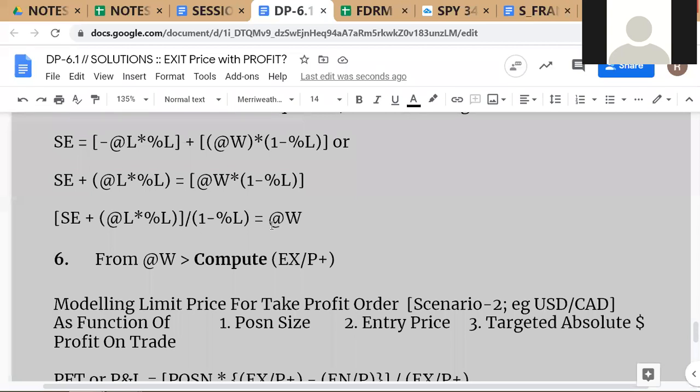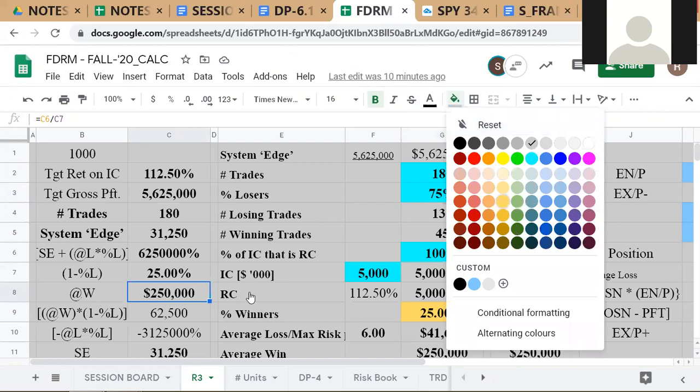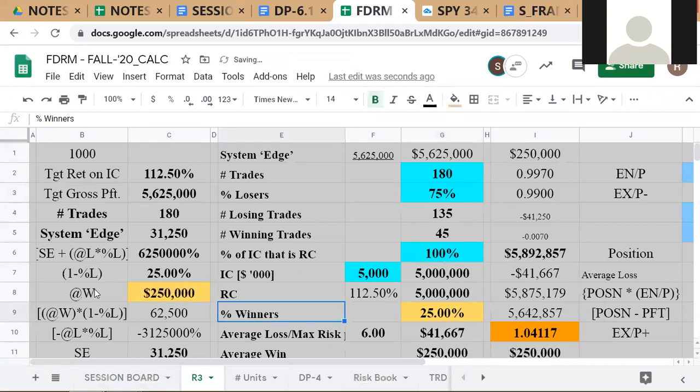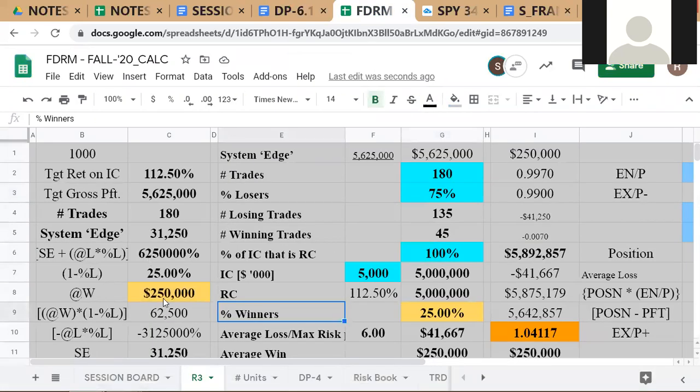What I've done here is I want to compute the average win. So I put the two arguments separately here. This is the first part here. The numerator, and the denominator is 1 minus percentage L. I put that here.